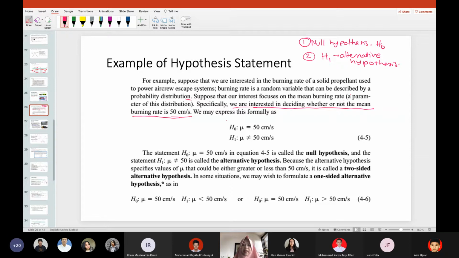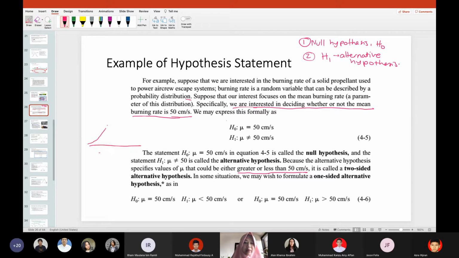Okay, because the alternative hypothesis specific value could be greater or less than, it is called a two-sided alternative hypothesis. Why is it called two-sided?